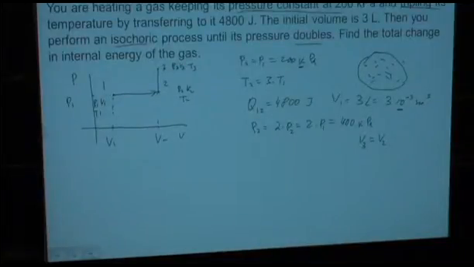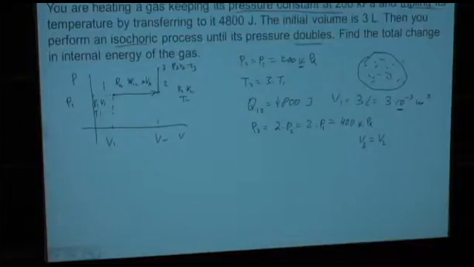Find the total change, okay. So there is Q12, W12, delta U12. Those are amounts related to a process. The amount of heat transferred, the work done, the change in the internal energy.